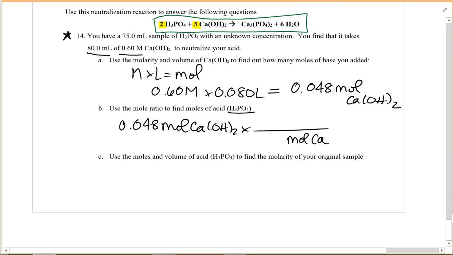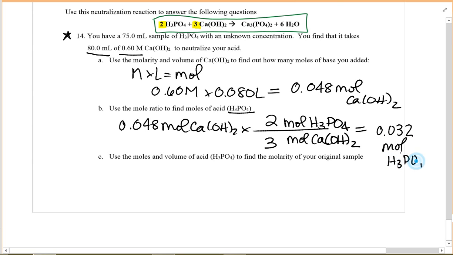So the unit that I have goes on the bottom, so moles calcium hydroxide goes on the bottom. What I want on the top, that moles H3PO4, I'm going to look to my chemical equation to find the mole ratio. So it's 2 of these per every 3 of these, according to my balanced chemical equation. And then 0.048 times 2 divided by 3 gives me 0.032 moles of H3PO4.